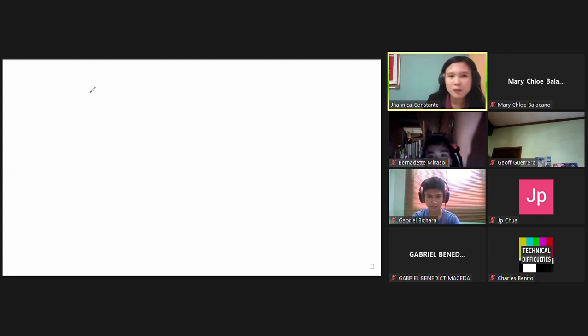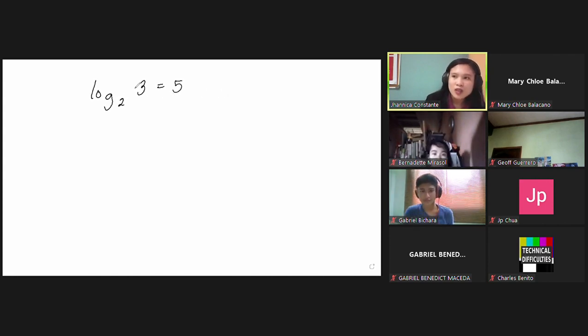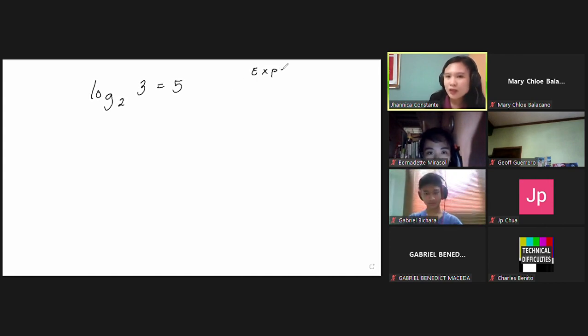For example, we have log base 2 of 3 equals 5. To change the logarithmic into exponential, we're only going to interchange the argument and the answer. So what will be the exponential form of this logarithmic function?